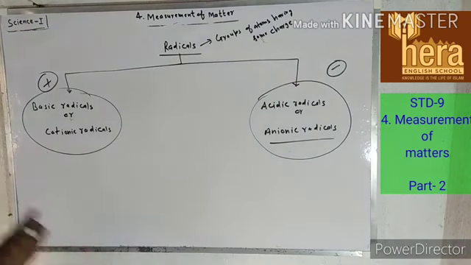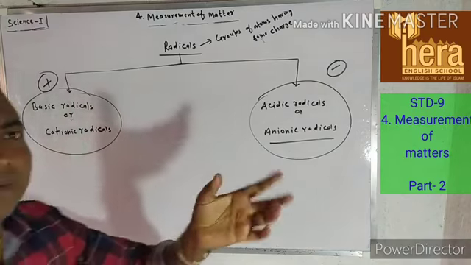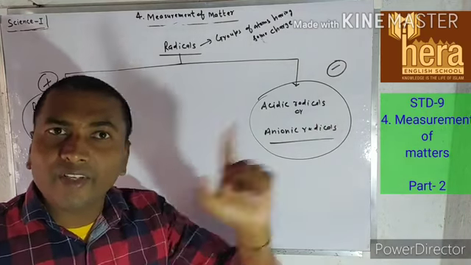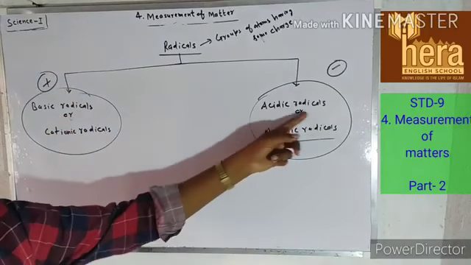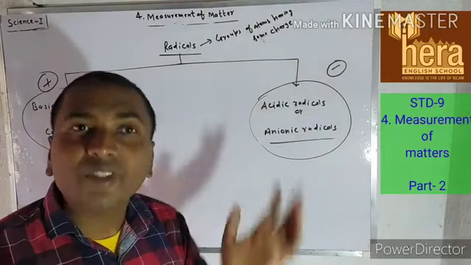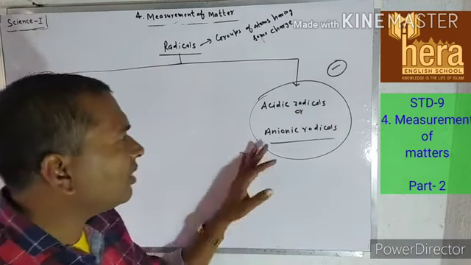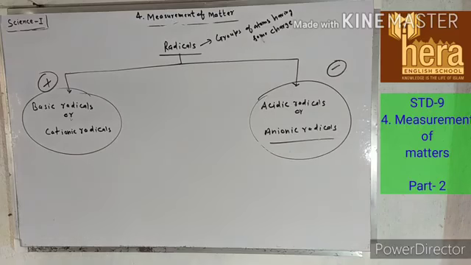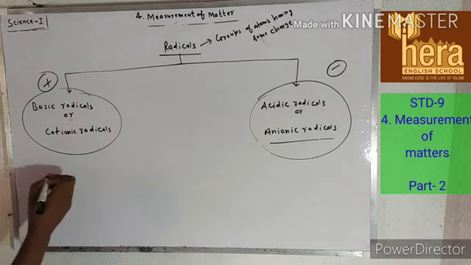If we are talking about basic radicals, it means there must be some charge, and that charge will be positive in nature. Acidic radical or anionic radicals, there must be negative charge. Okay, for examples, Ag plus.